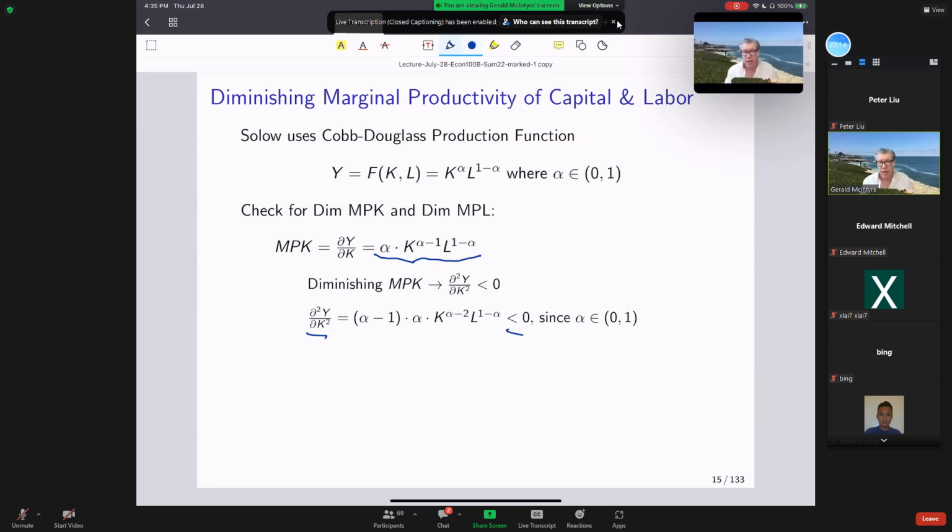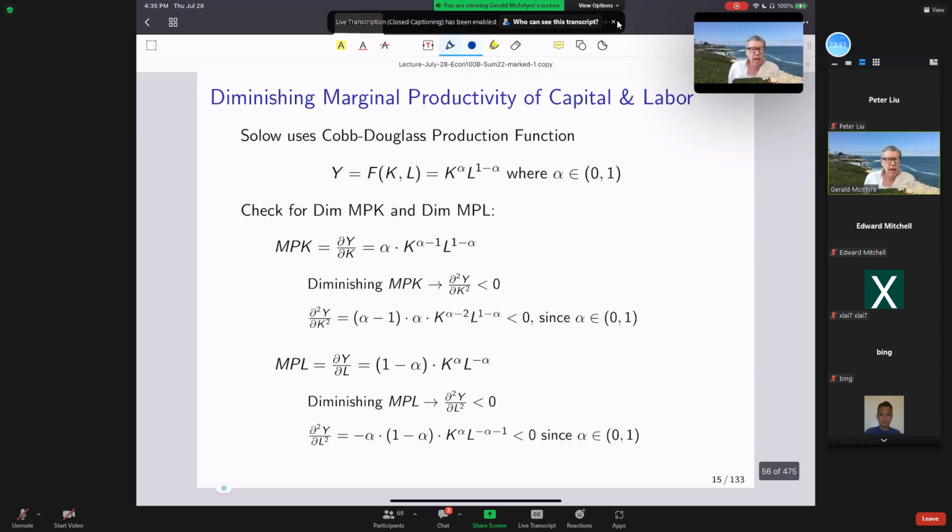And that's negative because alpha is between 0 and 1, so alpha minus 1 becomes negative. That first term is negative. And so we have diminishing marginal product of capital. We can do the same thing for labor. I'll just put the sign up here. Here are the derivatives. And in fact, we do get a negative sign there. You should check this on your own.